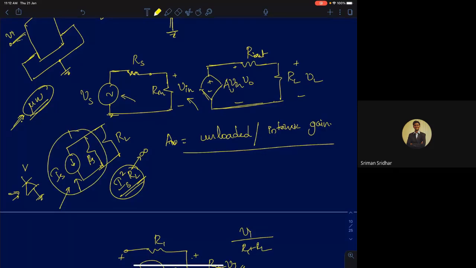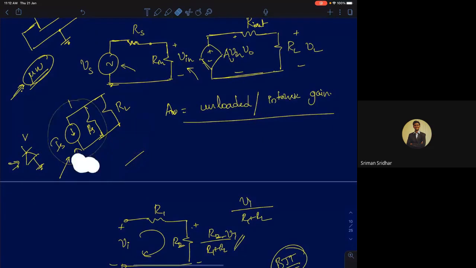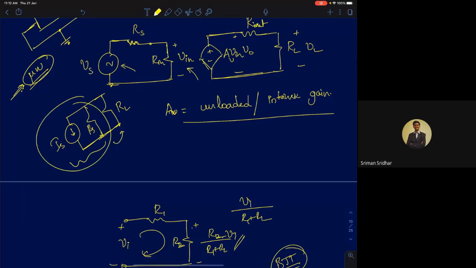Now, what is the maximum power this source can deliver to the load resistance? Remember, a voltage source and resistor in series is equivalent to a current source and resistance in parallel. Use the Thevenin equivalent.